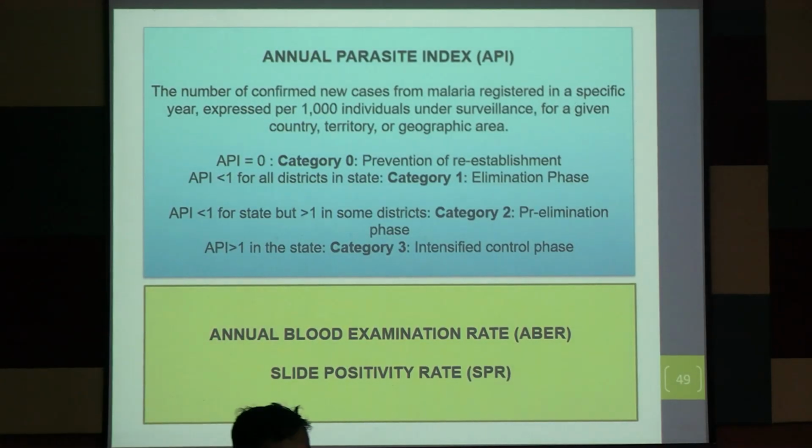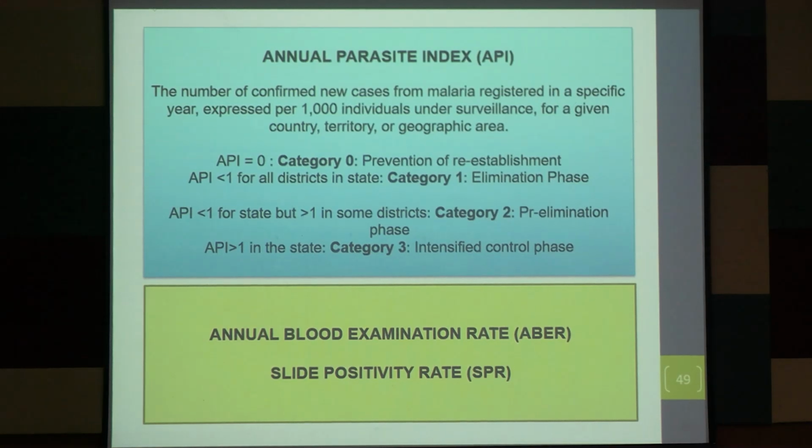You all know what the annual parasite index is. I think it is covered in the NVBDCP. For mosquitoes and malaria, dengue, these things, you have to remember the indexes. Okay. It might be asked because these are the evaluation indicators of how well the program is running.